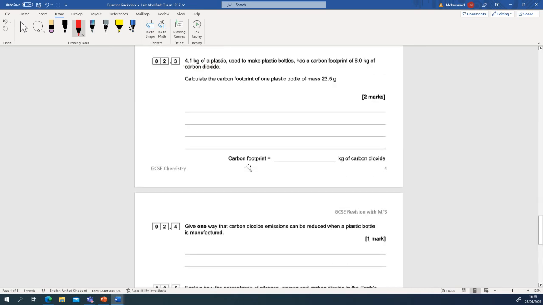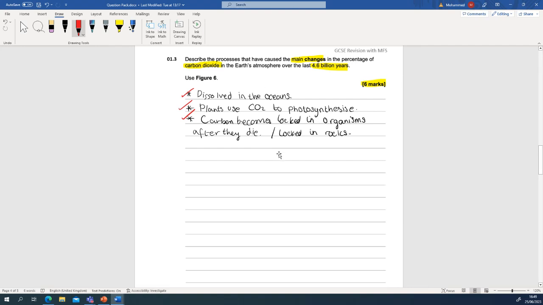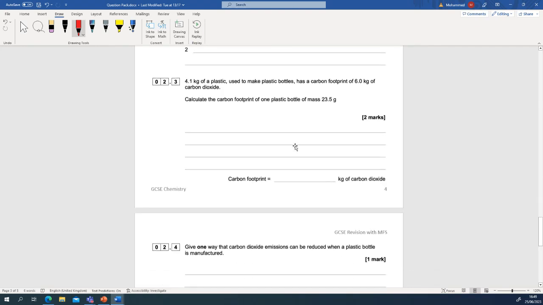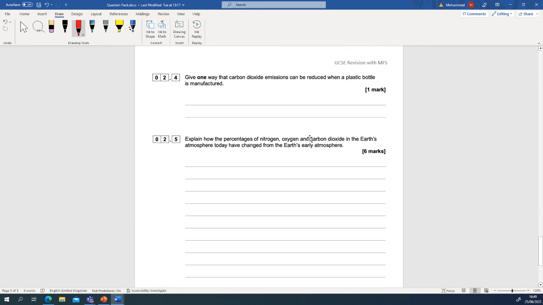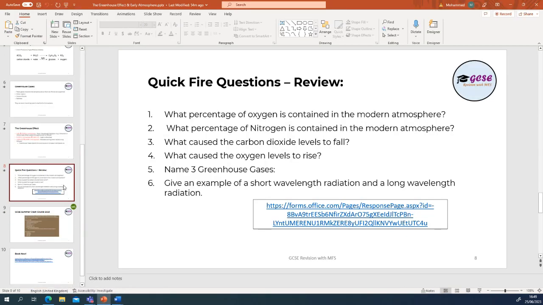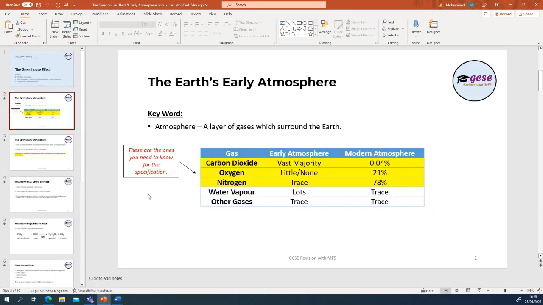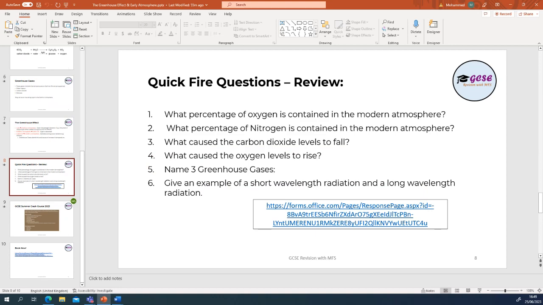Just like we've had in this question, a 6-marker on the main changes of carbon dioxide, we're also given a 6-marker on the percentages of nitrogen, oxygen, and carbon dioxide in the Earth's early atmosphere and the modern atmosphere. So basically, here, all we're talking about is this table over here. You need to learn your figures and you need to explain it, apply it to the question.